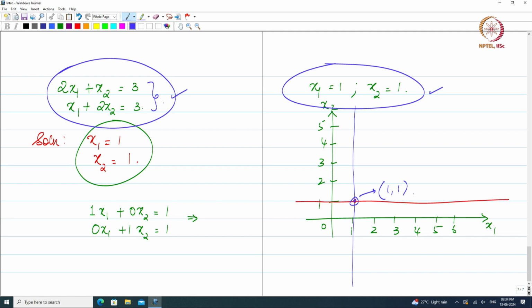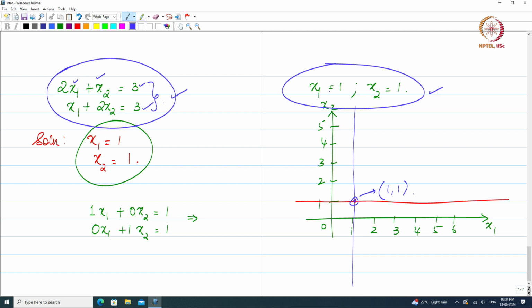If you look at this example, 2x1 plus x2 is equal to 3, there is something interesting that happens. There are two variables here and both seem to be contributing towards the right hand side, and in the second equation we again have x1 plus 2x2, and both of them are contributing to the right hand side.